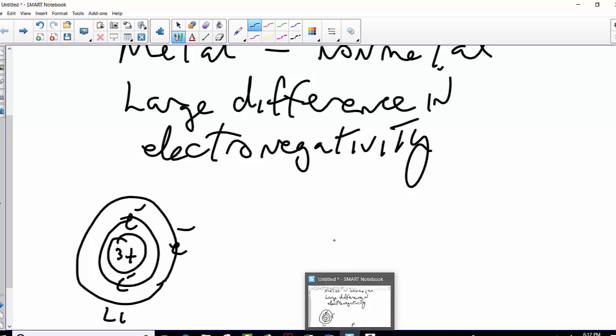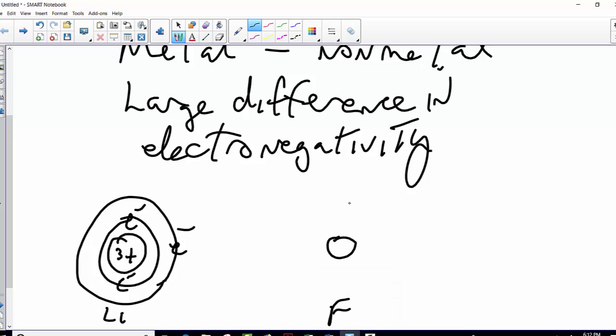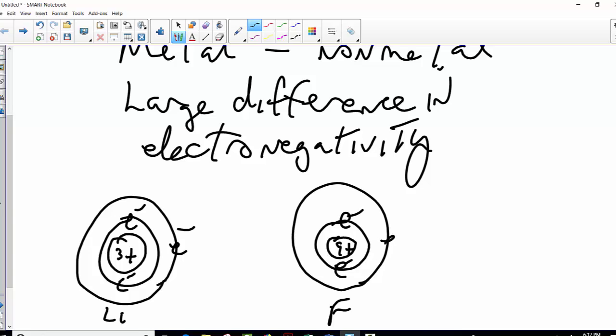Fluorine has 9 positives here. It has 2 electrons here. It has 7 electrons here.